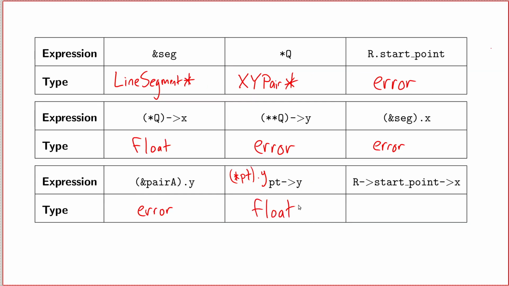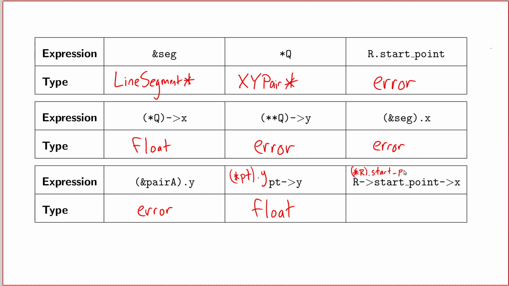And then finally, start at the variable R, attempt to follow an arrow and then grab the member start point, and then from there, follow an arrow and grab the member x. Now, you can write this in terms of dots and stars. I don't know whether it's actually going to be that much easier to read. So I'd end up with something like this.